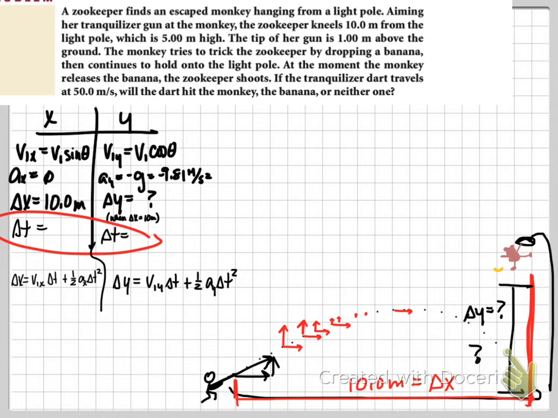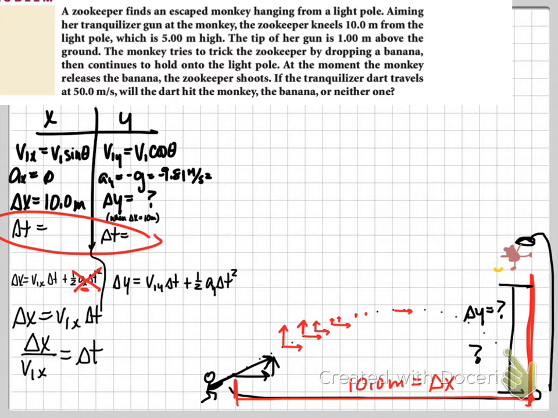Now, unlike horizontally launched projectiles, we don't have something cancel on each of them, but we still have something that cancels on the x-axis because there's no acceleration. So that goes away, and we are left with delta x equals Vix delta t, which means that delta x over Vix equals delta t.